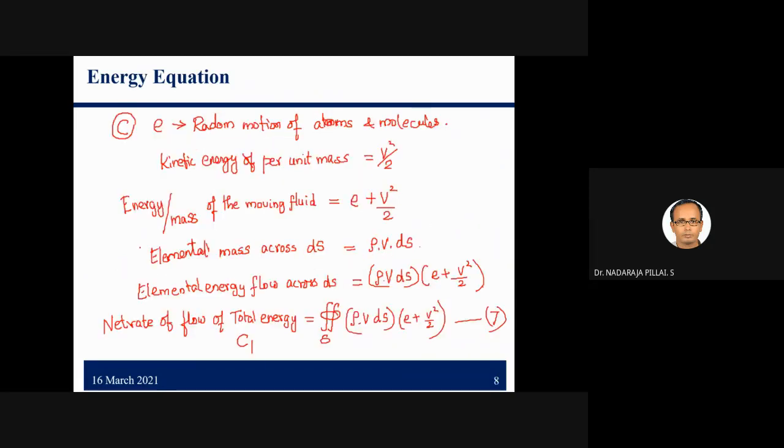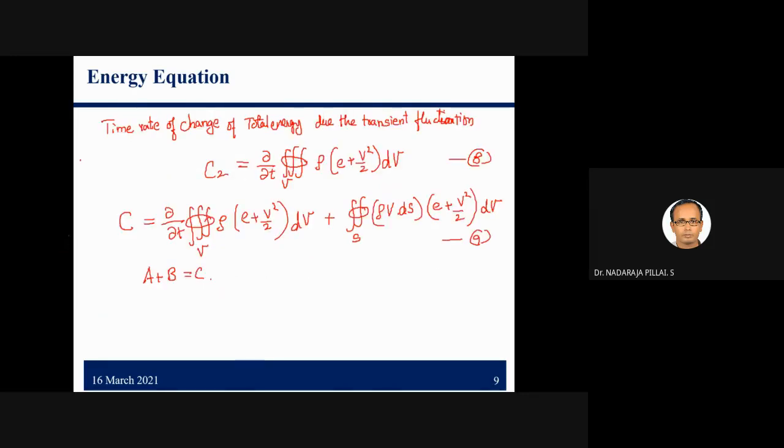Third point, the change in internal energy. We consider first the internal energy, the random motion of the atoms and molecules, and the kinetic energy. This is the net rate of flow of total energy. Another one is the change in energy due to the transient fluctuation.